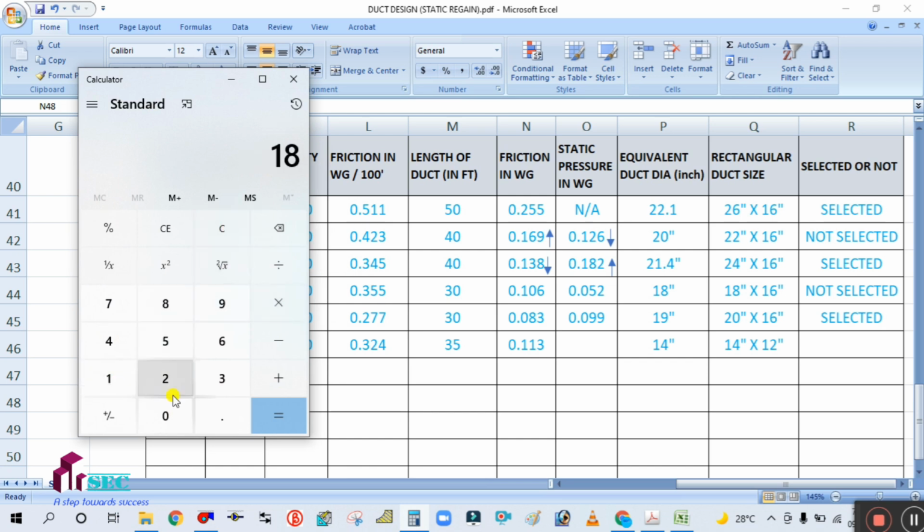Now 1800 divided by 4000 whole square is 0.20. So 0.25 minus 0.20 into 0.9 R value is 0.045.